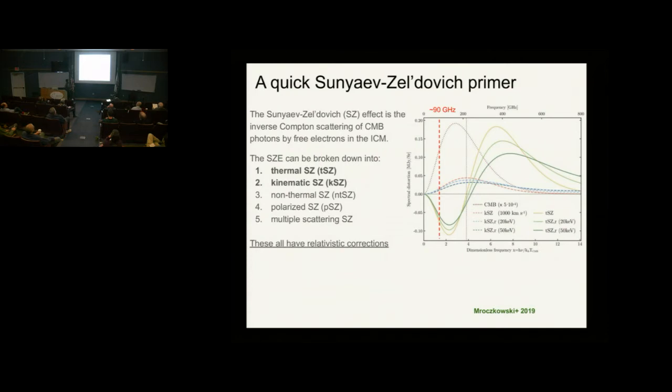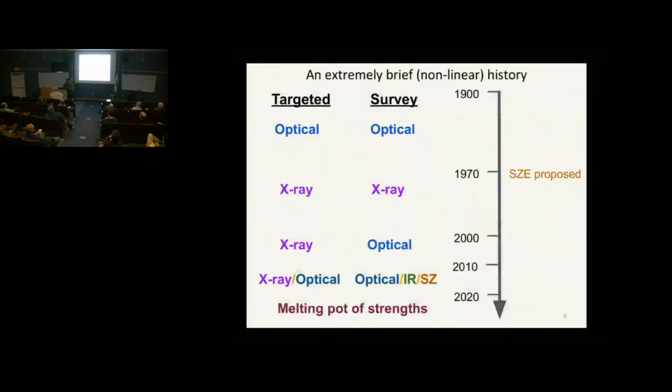So that's noted with the R, we call them relativistic corrections. Then you also have the kinematic SZ shown here, and then you have corrections just the same. So I'll move on from that, but we'll touch on kinematic a bit later.